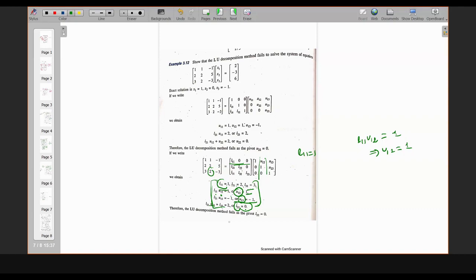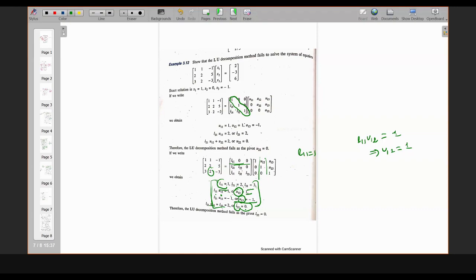You can show it like that if you get a question to demonstrate or examine whether the LU decomposition method can be applied to solve this system of equations. Then what you need to do is go this way. In one case you take all the diagonal elements Lii equal to 1.